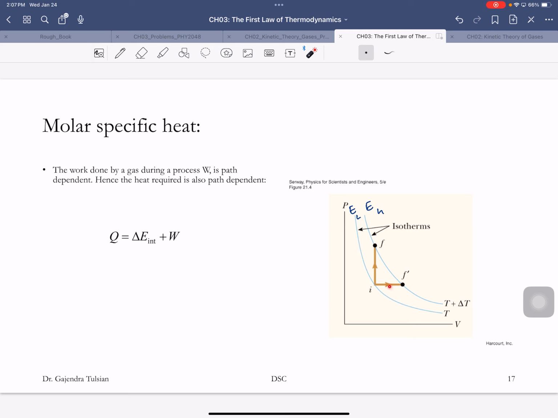So along this process, I had to absorb more heat. This was the heat absorbed at constant pressure, and this was the heat absorbed at constant volume. Heat absorbed at constant pressure had to be greater than heat absorbed at constant volume to increase the temperature by the same amount.